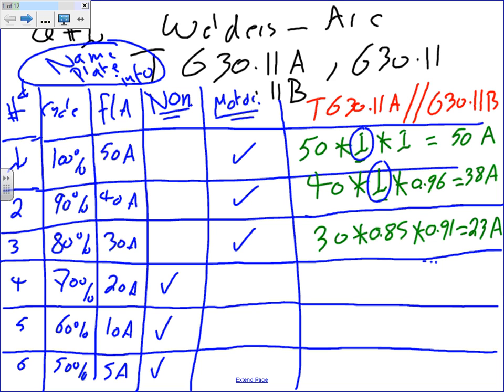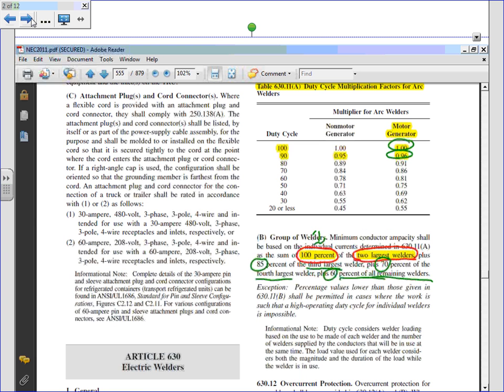Okay? Now, Jackson, my friend, where does the 0.85 come from? Can you guys see where the 0.85 came from? From right in here. Where does the 0.91 come from? What was the cycle of that one again? The cycle was 80. So here's an 80 cycle, and it's a motor.